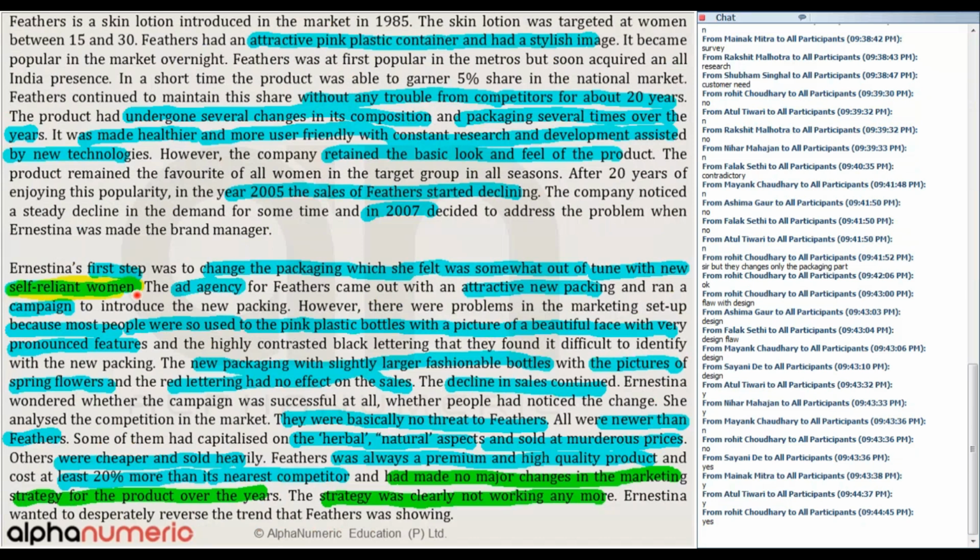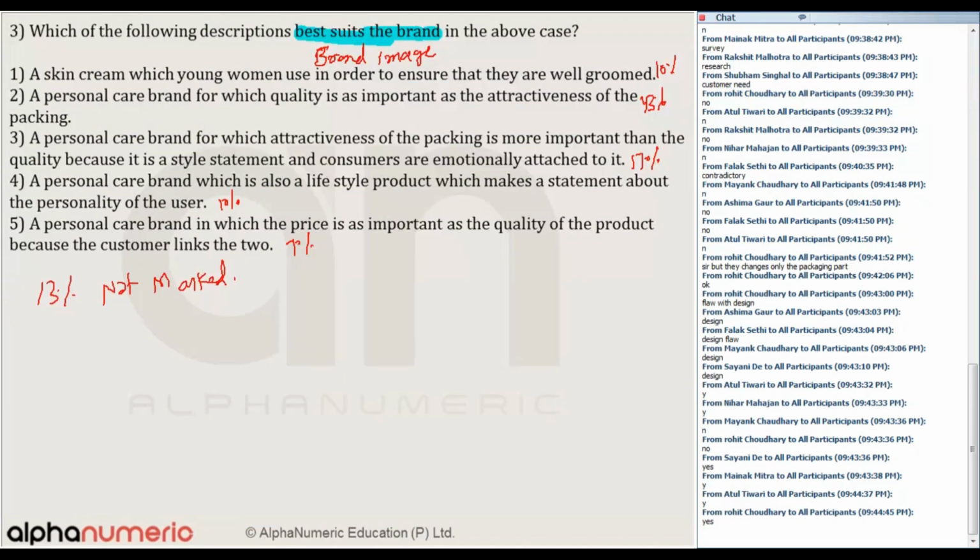And here, Phil had an attractive pink plastic container and a stylish image. So you need to concentrate on the self-reliant women, because she wanted to create that type of image. Now, can anyone tell me the meaning of self-reliant? What do you mean by the term self-reliant?